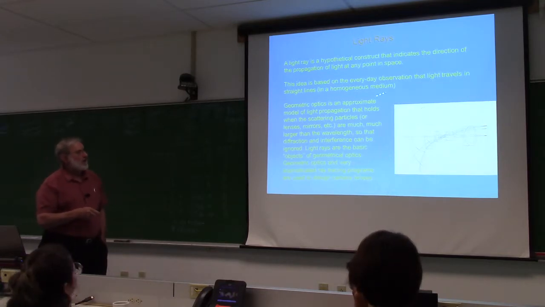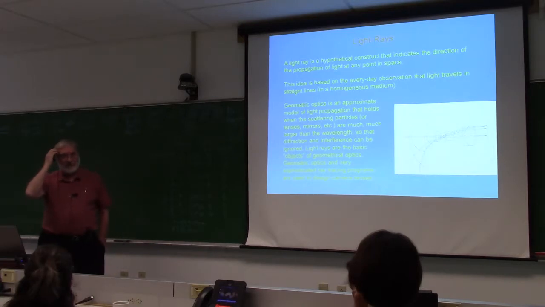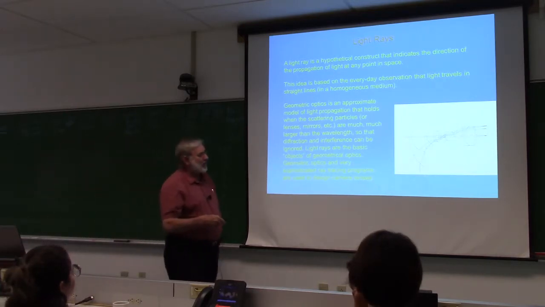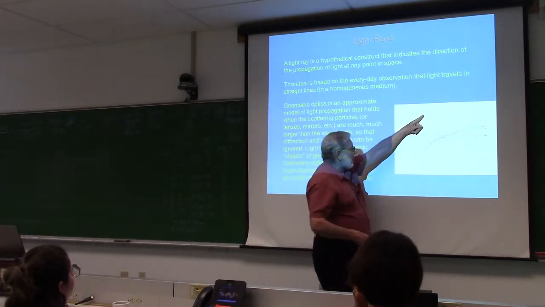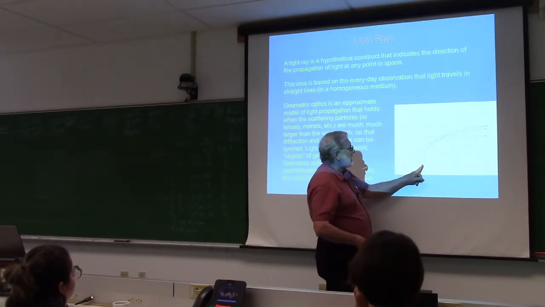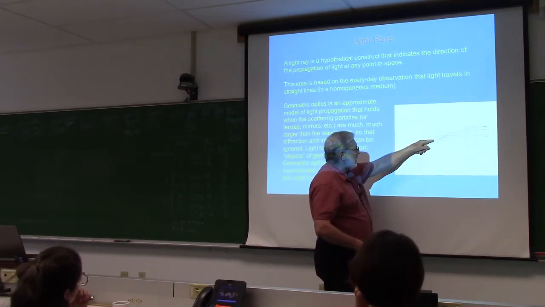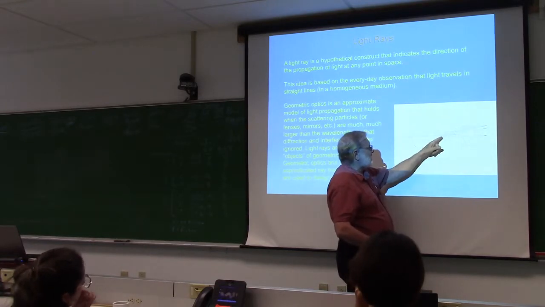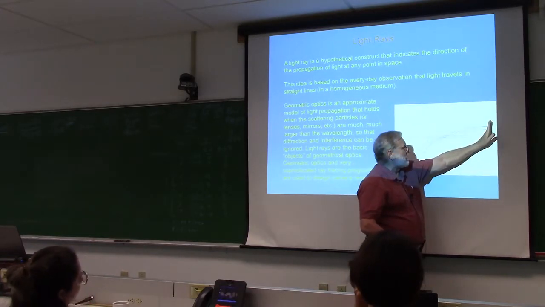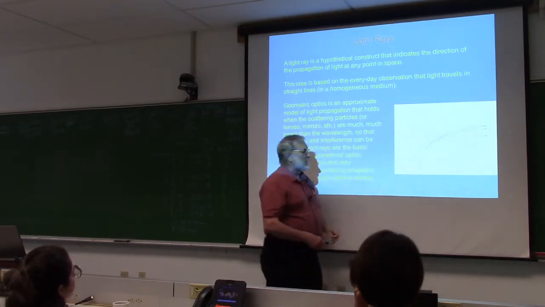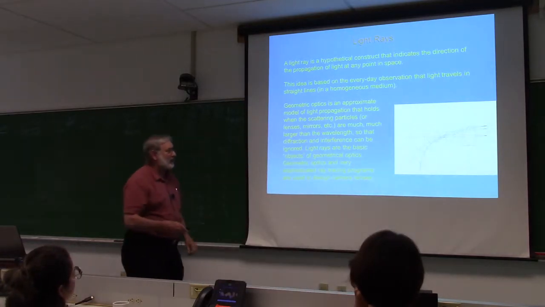Light rays are the basis for a lot of optical engineering. If you want to design camera lenses, here's an actual fisheye camera lens, and they use ray tracing to shoot a ray in and follow it through the lenses as it reflects and refracts, to see where it ends up back on the focal plane. So that's how you do those kinds of calculations.